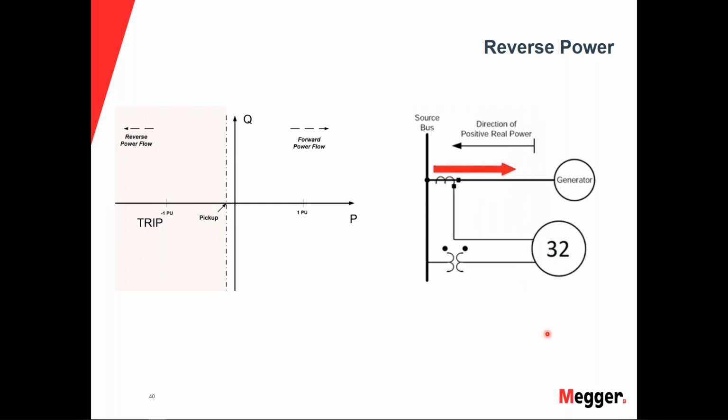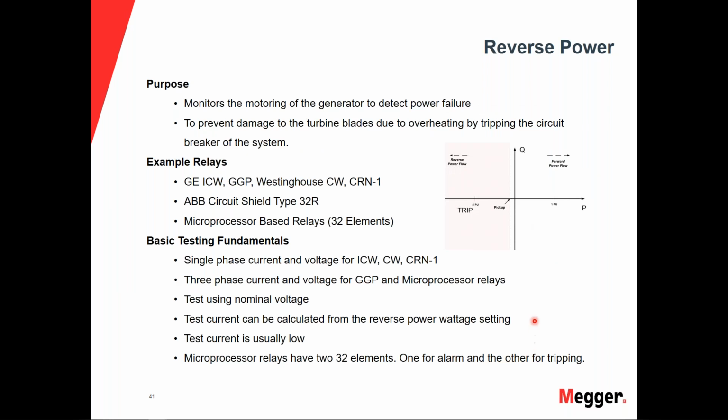The element is three-phase power, so it can be tested single phase, as you can see here, and most of the time the relays will calculate it into three-phase power. And then it's pretty easy to test. We're monitoring the generator to detect the power failure.